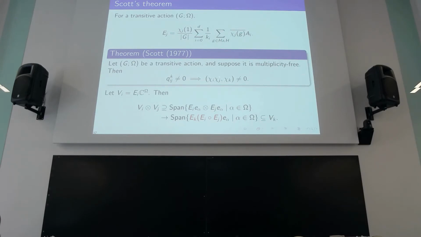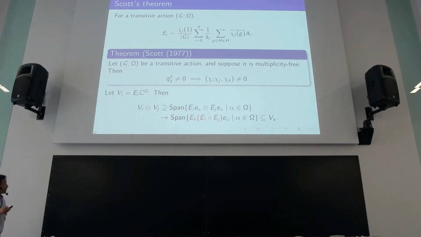The representation phi i is realized by this idempotent Ei. Let us call the module Vi. Because this is the multiplicity-free case, this is just an irreducible module. The same is true for phi j. So the character chi j is the character of the representation realized by this tensor product.